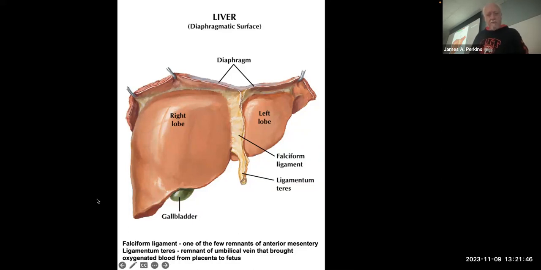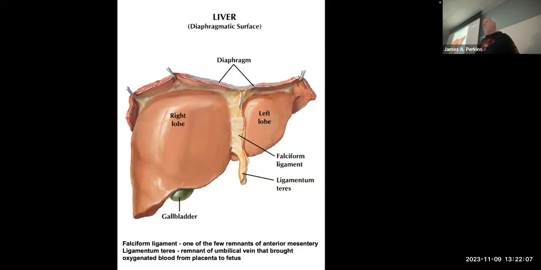These two lobes, the left and right lobes, are separated from one another by a ligament. And the term ligament is a little bit deceptive. It's not really like a ligament that you'd find in the skeletal system. It's not like a ligament that's holding two bones together. It's actually part of the mesentery.